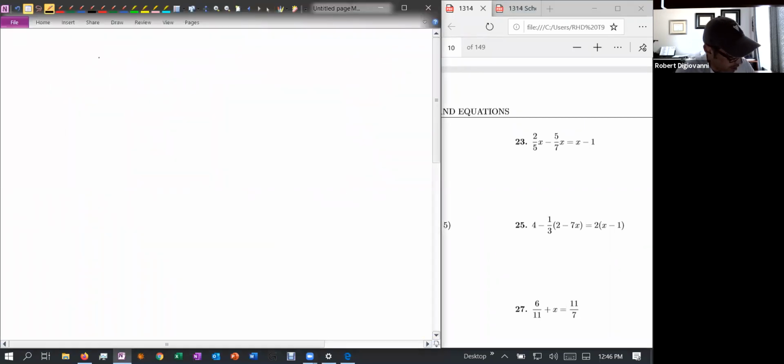Two fifths x minus 5/7 x equals x minus 1.